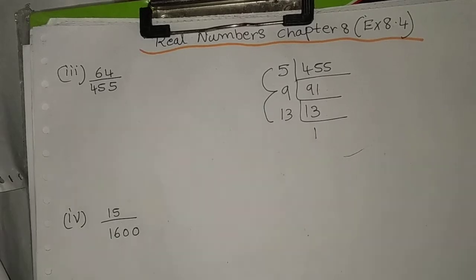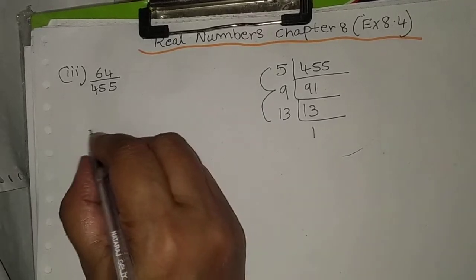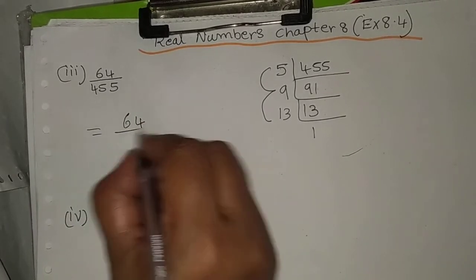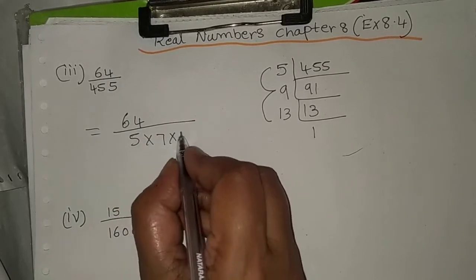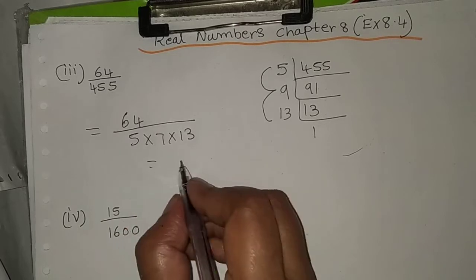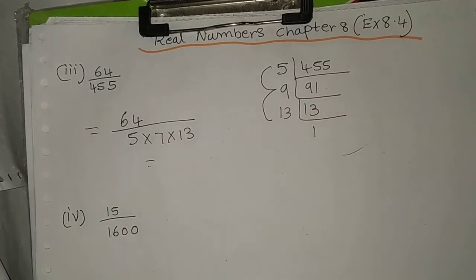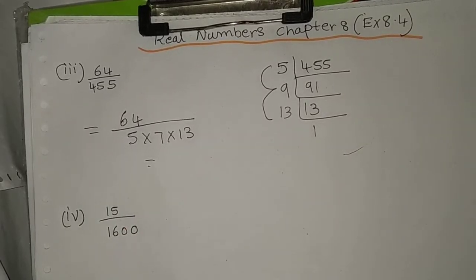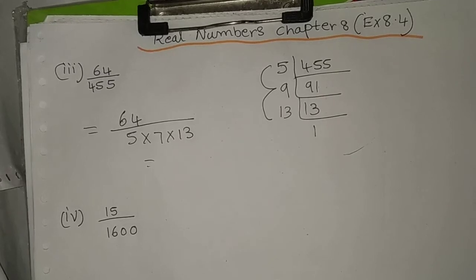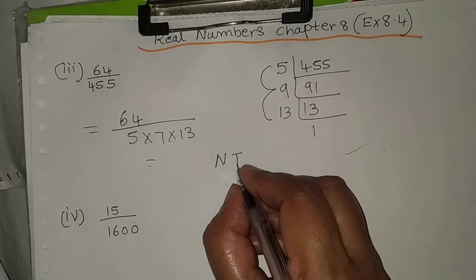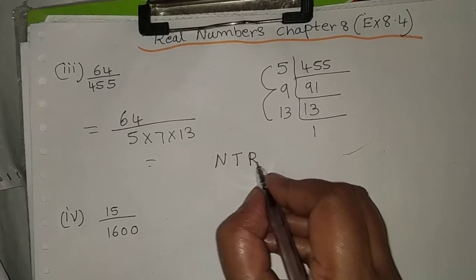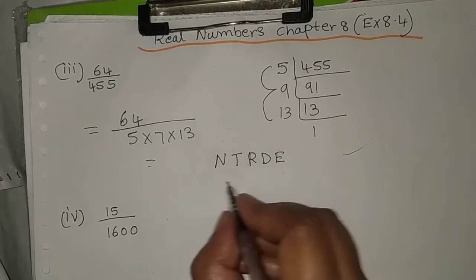So we get this as 64 by 5 into 7 into 13. So this is in the form of a non-terminating repeating decimal expansion.